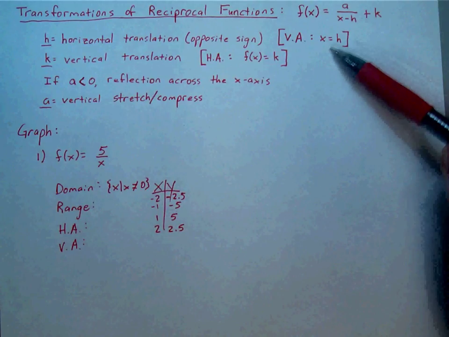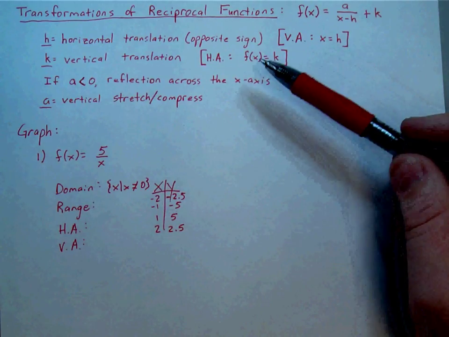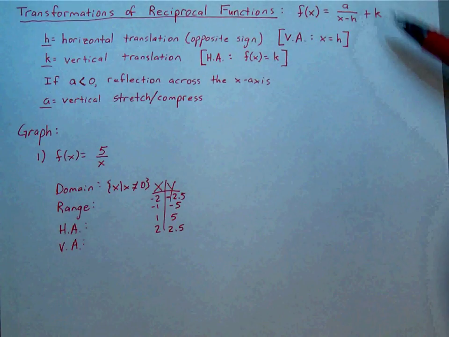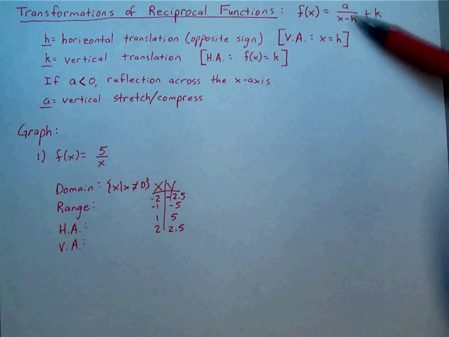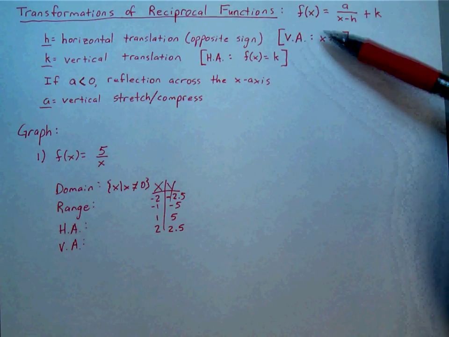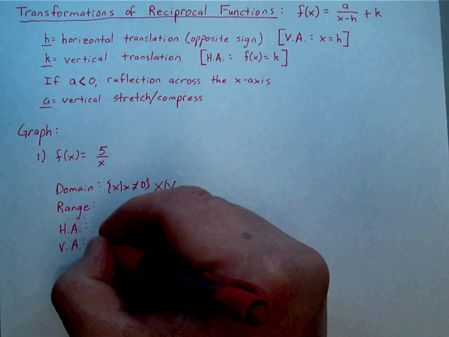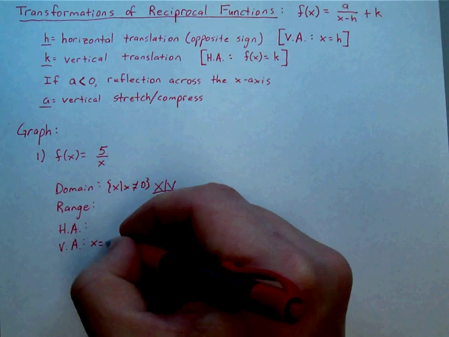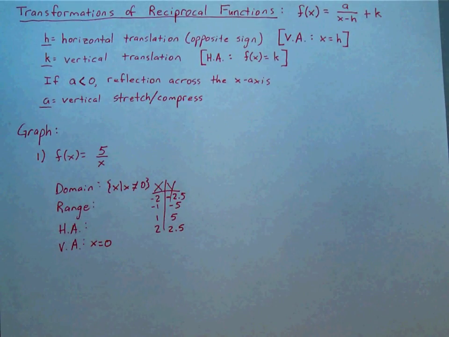It talks about that x up here, down here. Yeah, the h here is 0. And so that's going to be my vertical asymptote. My vertical asymptote is the line x equals that h. In this case, it's 0. So we couldn't hit 0, but we can hit anything else.